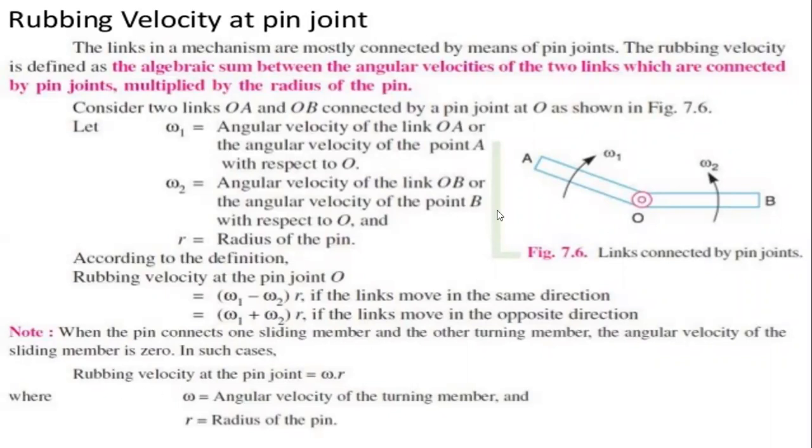So we have only one angular velocity, that is omega into r, where omega is the angular velocity of the turning member and r is the radius of the pin, because the angular velocity of the sliding member is taken as 0.